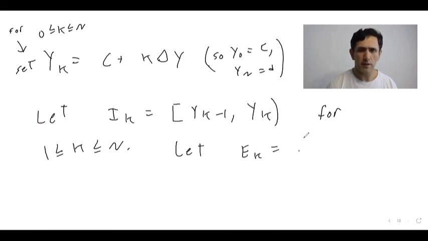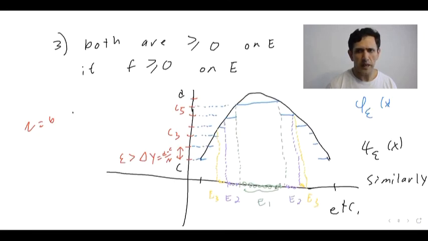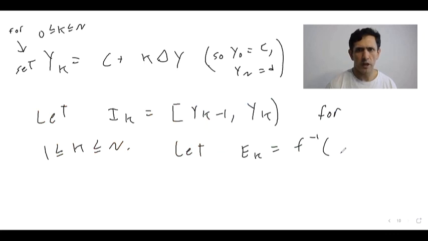Not exactly. Let Ek be, well, do what I'm doing in this picture. Ek is the inverse image of each of these intervals. And do what I did in the picture. Let's say var phi epsilon is this simple function here.